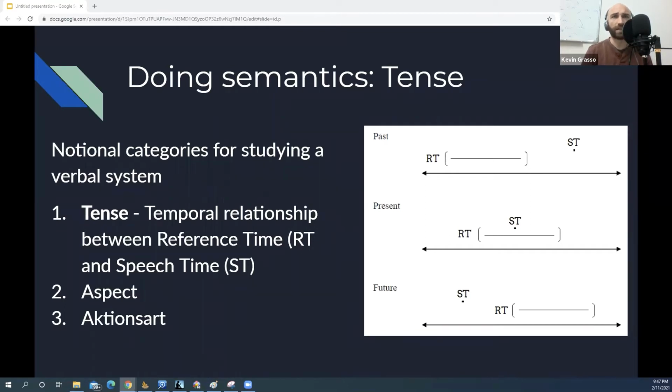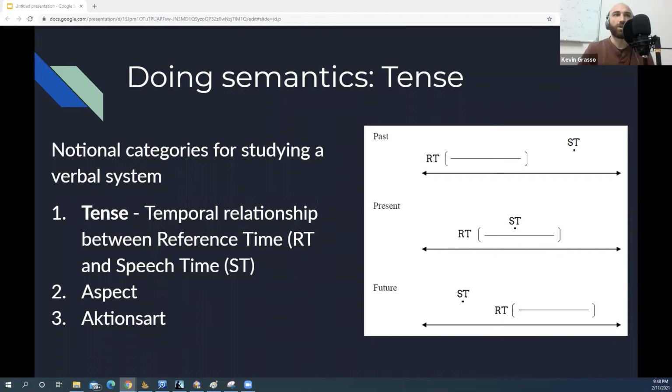In the example that Nora and I discussed, we said something like, Tom ate dinner, and that eating dinner event refers to a specific time in the past, not just any time in the past, but a specific time in the past. So we're referring to a specific time, and we know it's past in the sense that that temporal interval precedes the speech time.